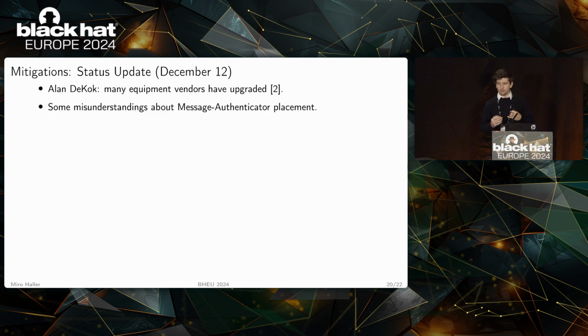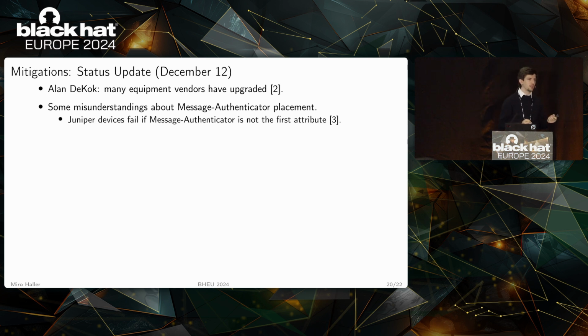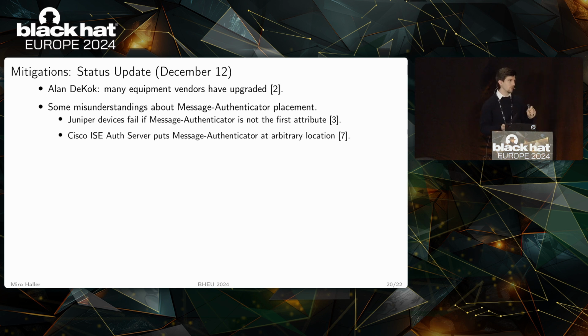However, there seem to be some misunderstandings about the placement of the message authenticator attribute. So for example, Juniper devices fail if the message authenticator is not the first attribute. And Cisco devices put the message authenticator at an arbitrary location. And so you can clearly see that those two are incompatible. And so if you have a Juniper and a Cisco device in the same network, you have a problem.